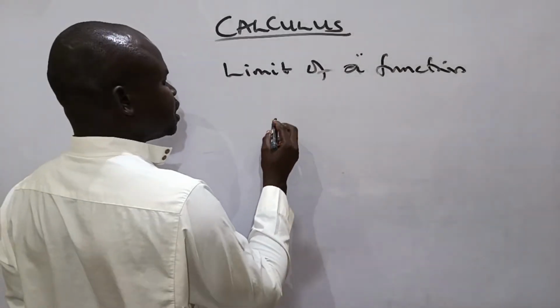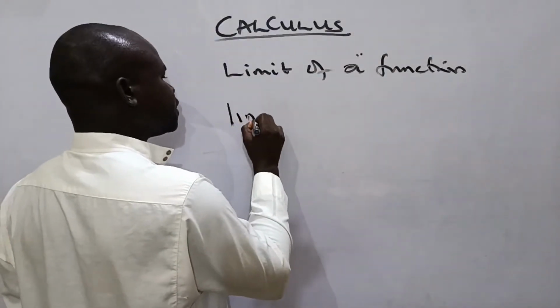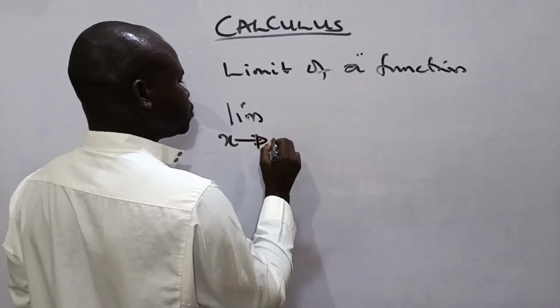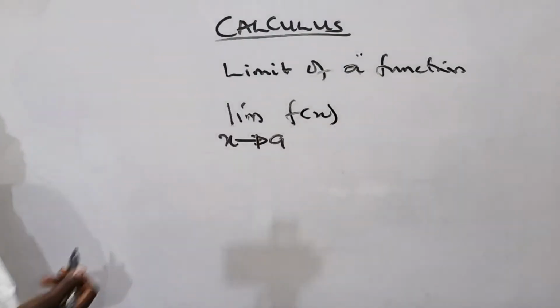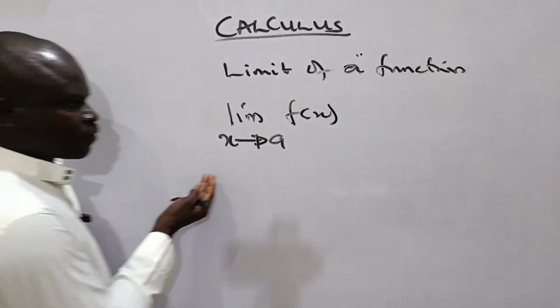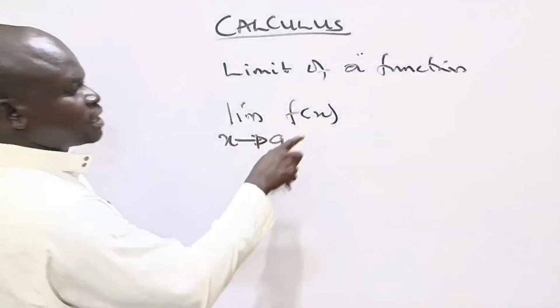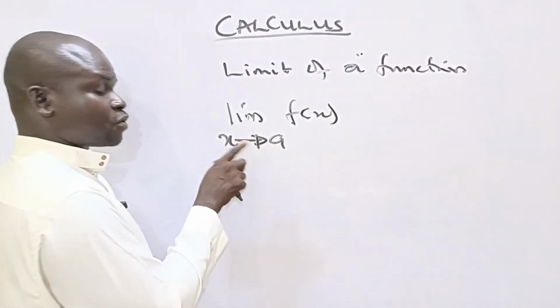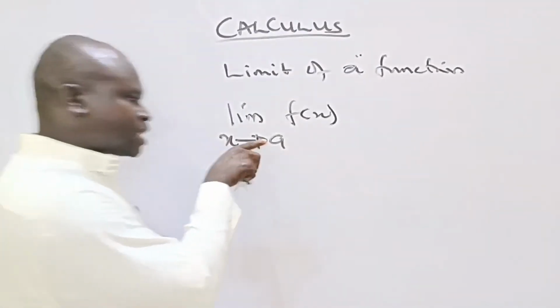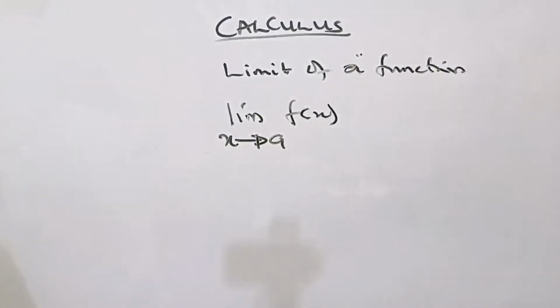For instance, if we have limit as x tends to a, f of x, what we're trying to say here is that we want to find the limit when x tends to a. X tends to a does not mean x equal to a, but as x approaches a, either from the right or from the left.